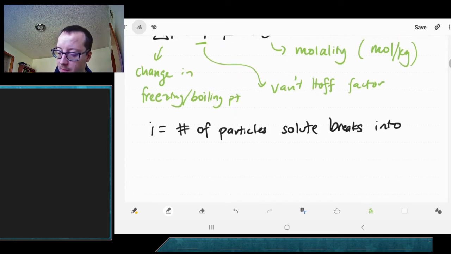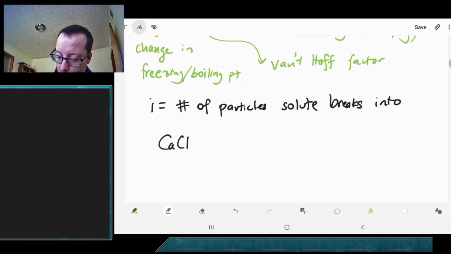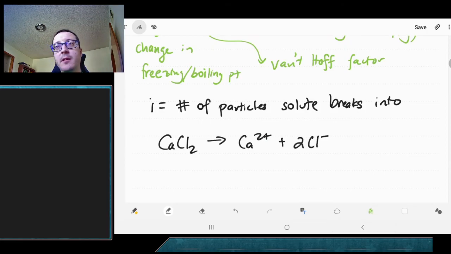So, for example, if we break our calcium chloride, because it's a strong electrolyte, this will have an i of 3: 1 calcium, 2 chlorides, that's 3 total particles we get out for every particle of calcium chloride we put in.